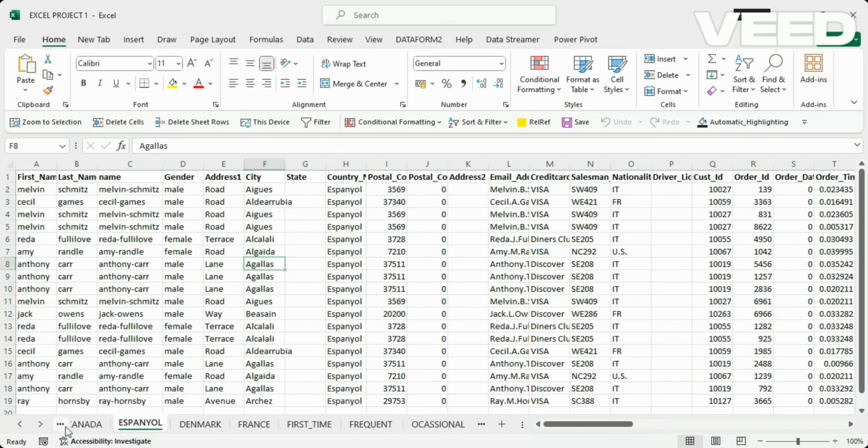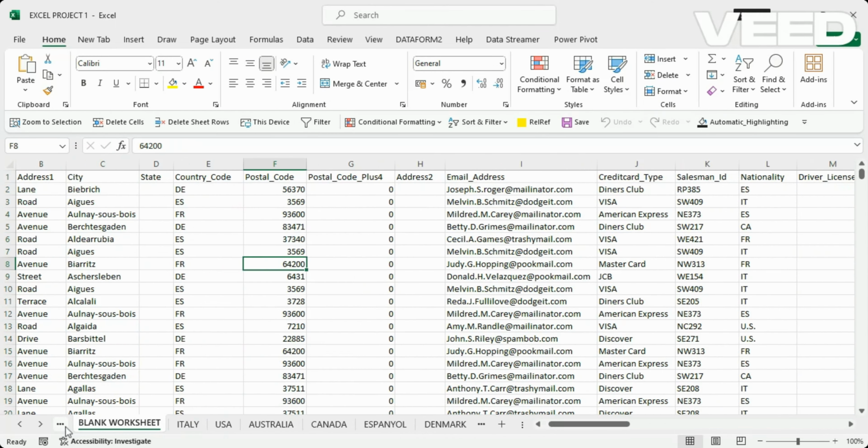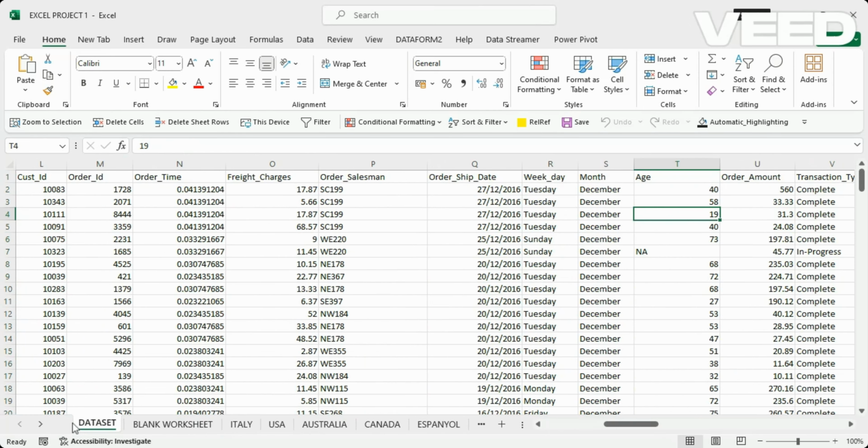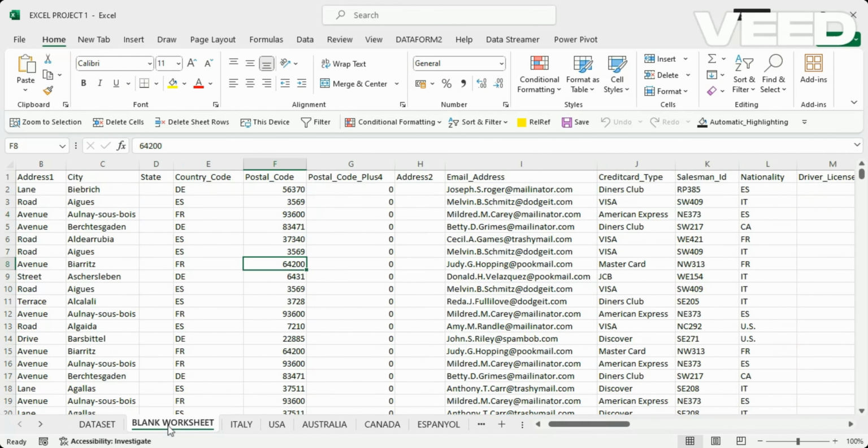At this point, I expect that our data should look closer to this. This is the data set, the blank worksheet, that is the sheet that contains all the cells that are null for the state column. So when you look at the state, you can see that everything here is empty.